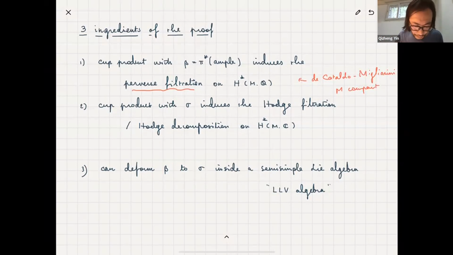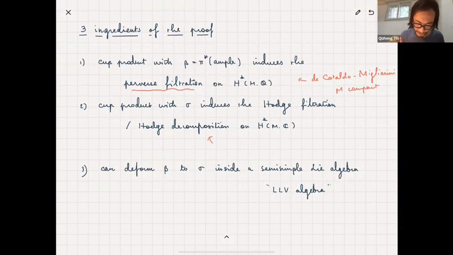And the second ingredient is that you have this holomorphic 2-form on your compact hyperkähler. Doing cup product with the holomorphic 2-form, which is again a nilpotent operator, induces a filtration, and it is precisely, up to some shift, the Hodge filtration on the cohomology of M. But I want to emphasize that this result is not completely general.